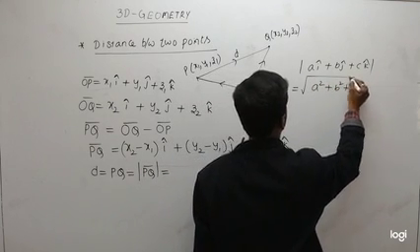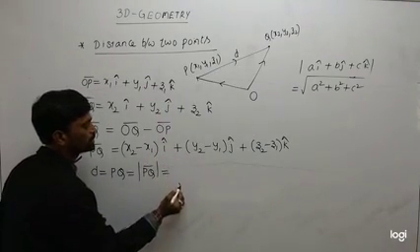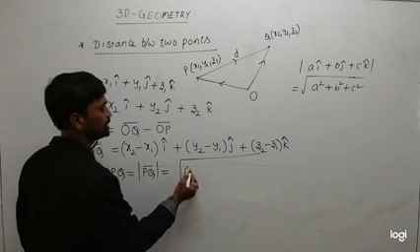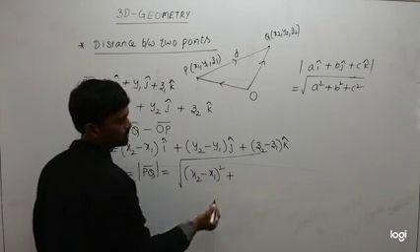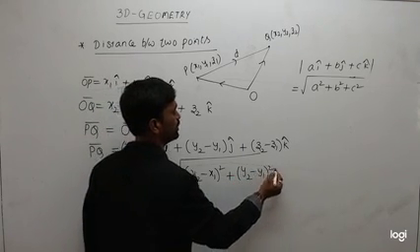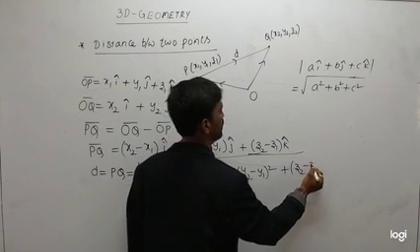Am I correct? So the magnitude of this vector is the square root of a square. What is a here? x2 minus x1. So a square is x2 minus x1 whole square. Plus b square, which is y2 minus y1 whole square. Plus c square, which is z2 minus z1 whole square.